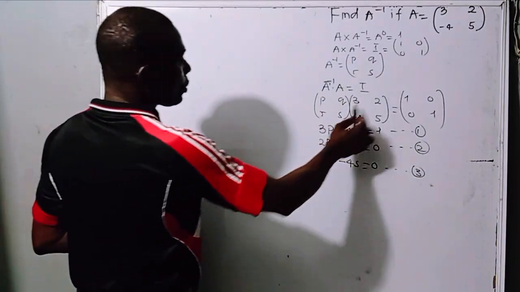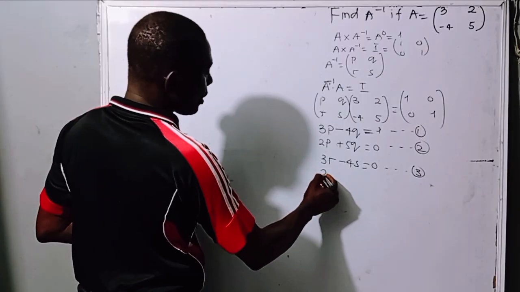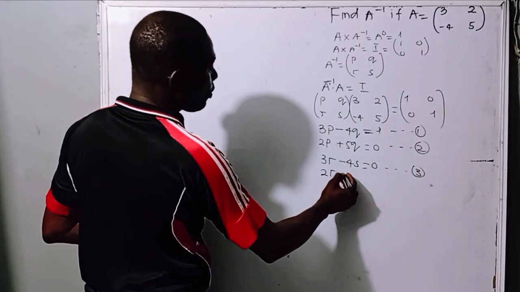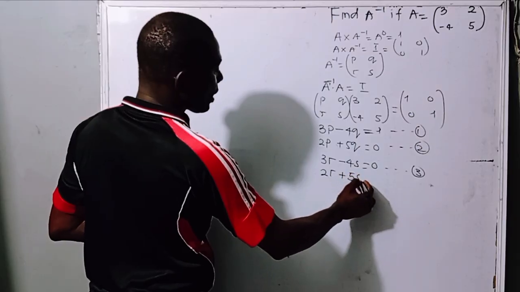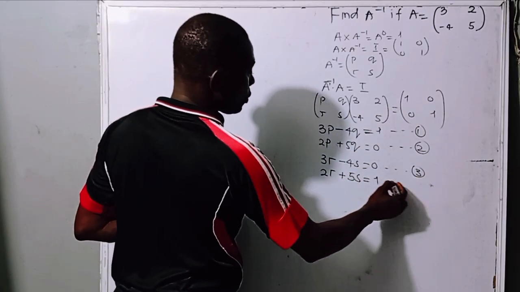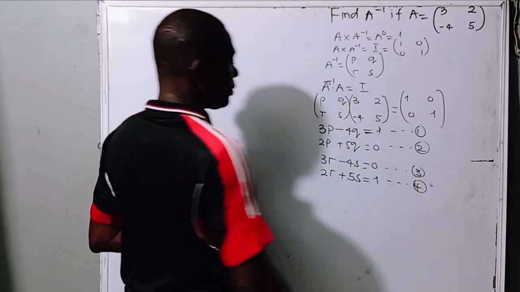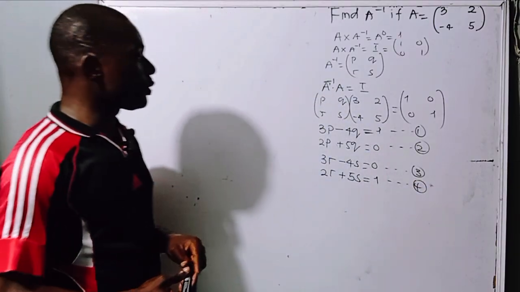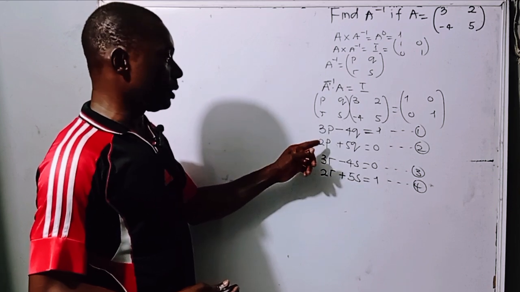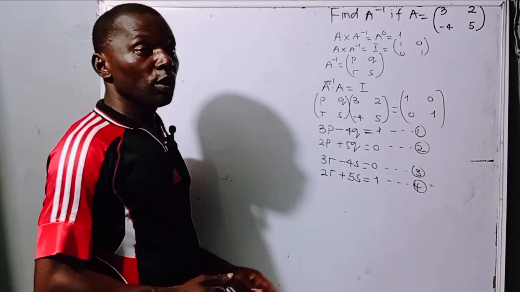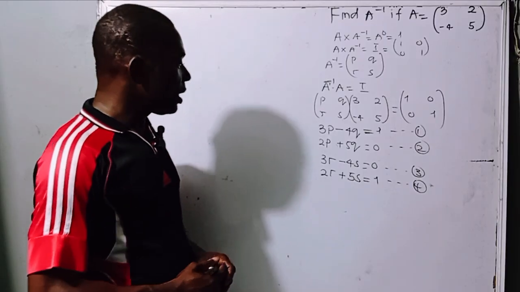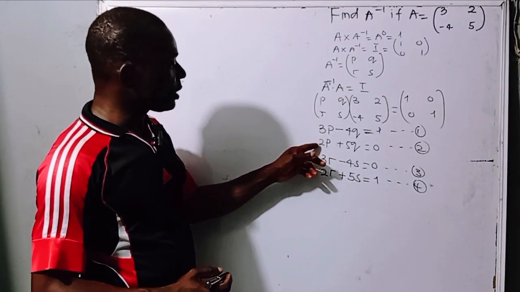Then similarly, this row will also multiply this column: 2R plus 5X, which corresponds to 1. This is equation 4. So all we need to do now is resolve and get the numerical values of P, Q, R, X by solving these two pairs of simultaneous equations. Now let's resolve this first.